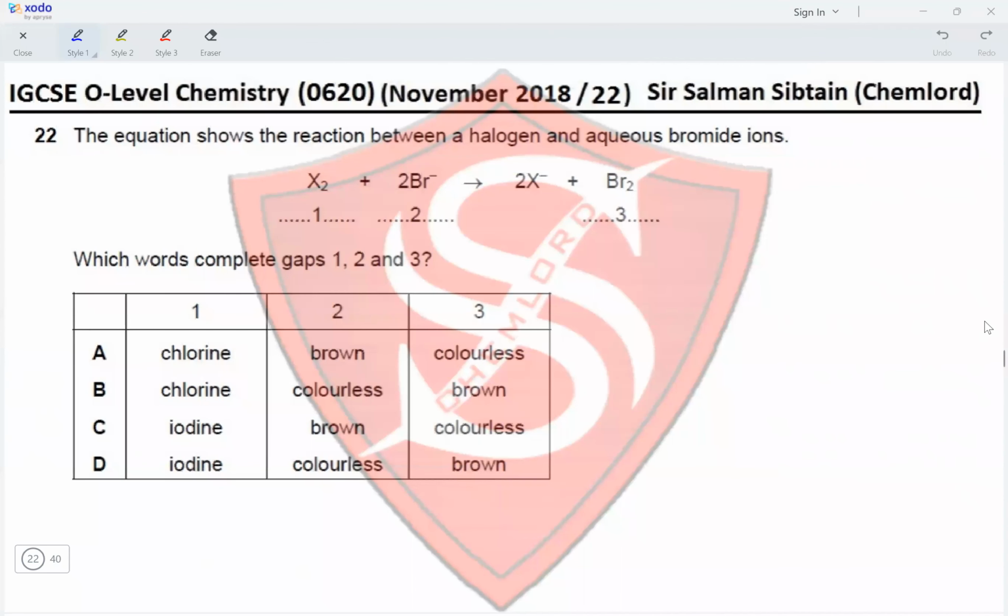Question 22. The equation shows the reaction between a halogen and aqueous bromide ion. So the halogen has to be chlorine because chlorine is the only one that could displace bromide from its salt, or it could also be fluorine, but fluorine is not an option. The options are chlorine and iodine. So iodine gets eliminated. So we have chlorine reacting with bromide ions.